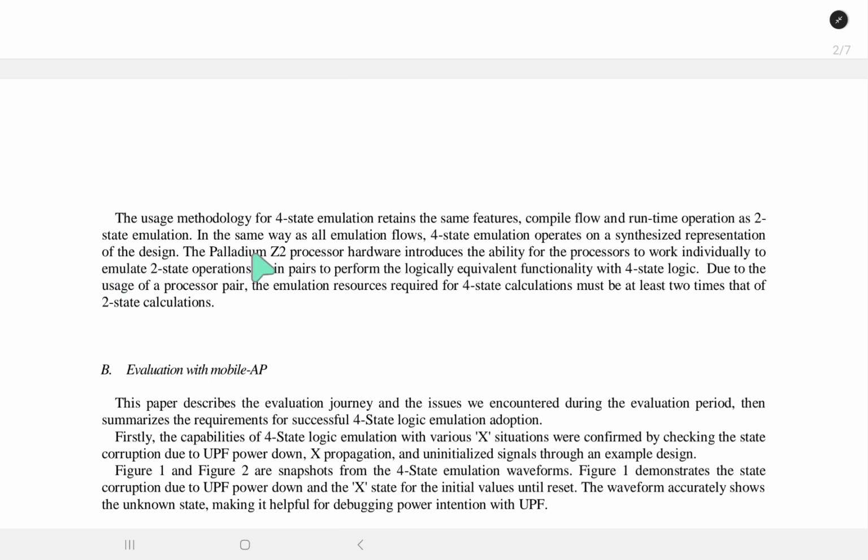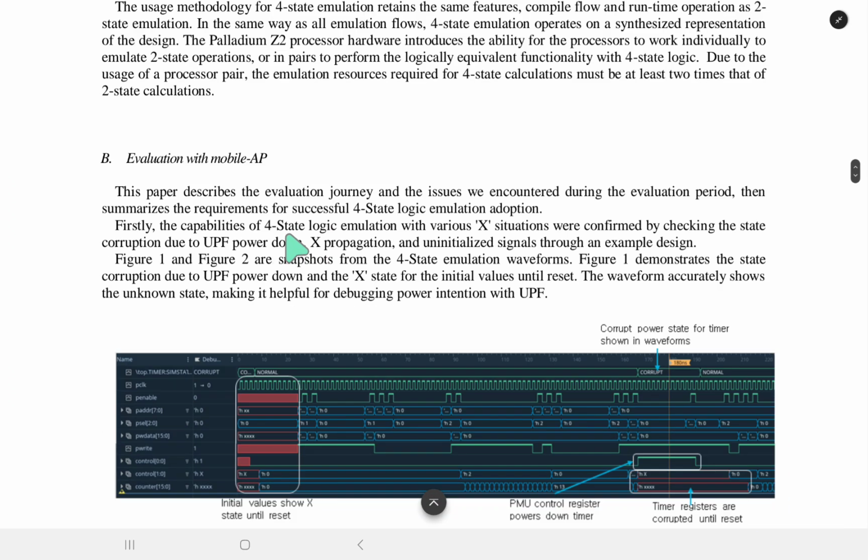The Palladium Z2 processor hardware introduced the ability for processors to work individually to emulate two-state operations, or in pairs to perform the equivalent functionality with four-state logic. Due to the usage of the processor pair, the emulation resources required for four-state calculation must be at least 2 times that of two-state calculations.